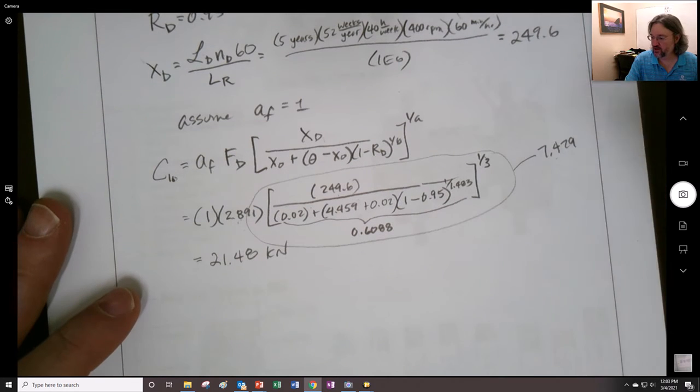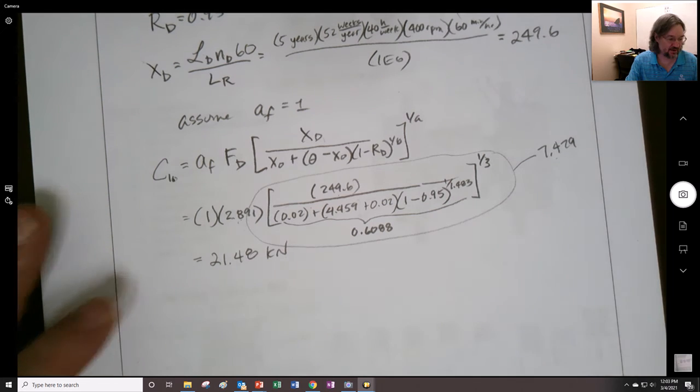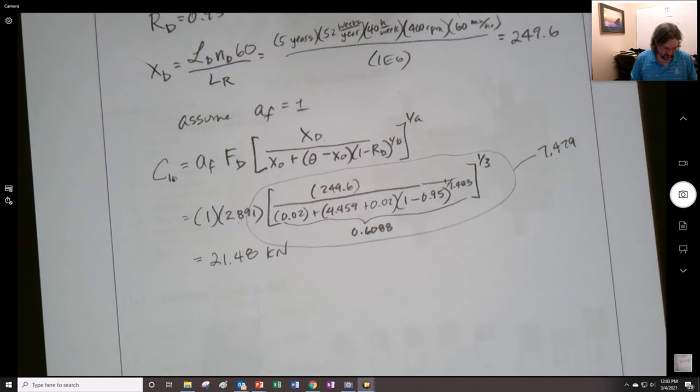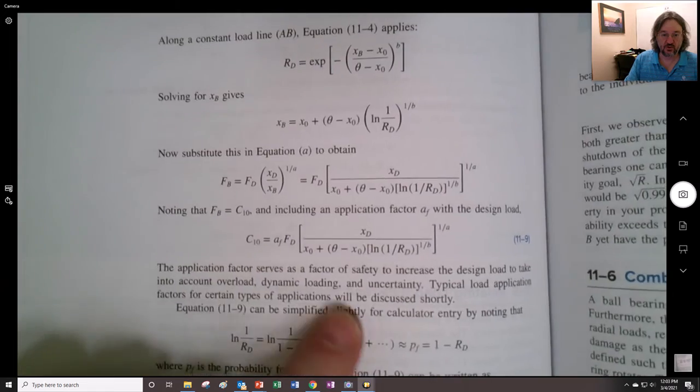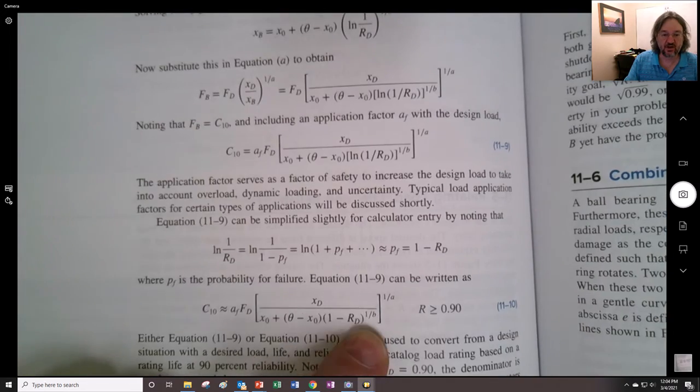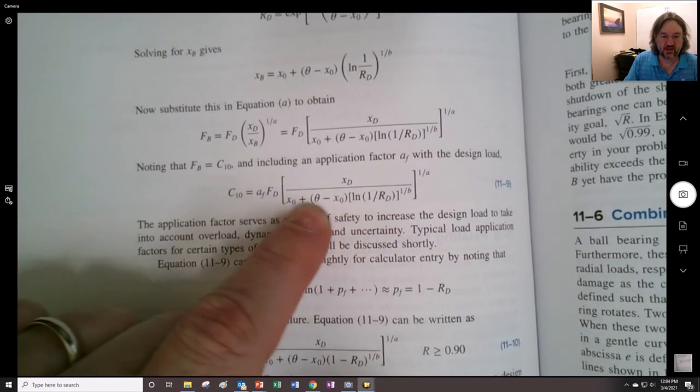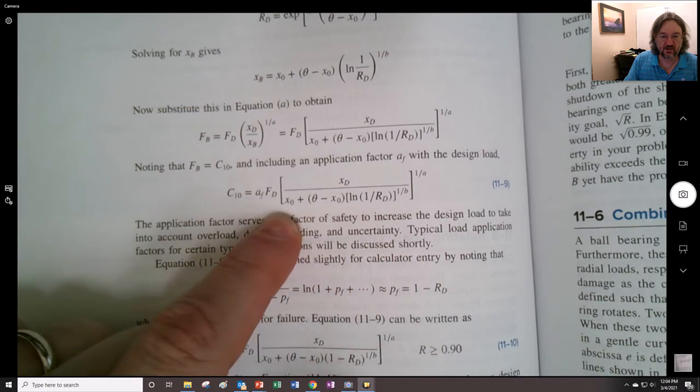It might be worth our time, just as a means of comparison for the reliability, to try out the other reliability equation. The other equation to adjust for reliability is, of course, the one I used down here. We might want to check out this one just to see what we would get.